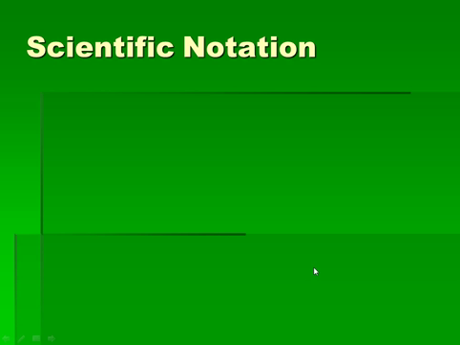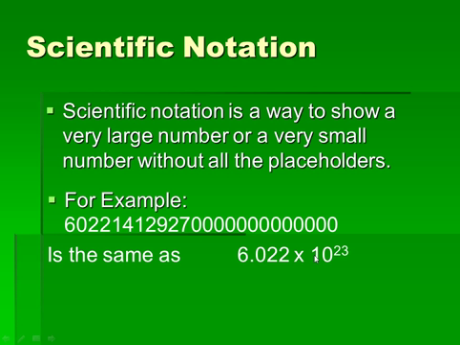So numbers that are really, really big that have lots and lots of zeros, or numbers that are really, really small that have lots and lots of zeros, we can shorten it up and make it easier to write those numbers without having to write all those zeros, because sometimes we lose the zeros and that will mess up our math. So, for example, here's a number, 602214129270000000000.